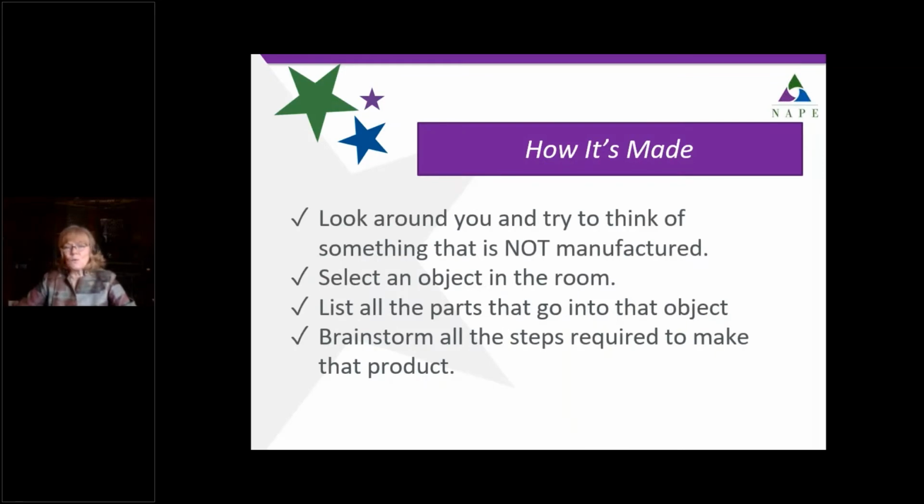So when you first start talking to kids, have them think about looking around and imagining something that is not manufactured. Can you think of something? It's kind of hard to think of something in our environment that is non-manufactured, that is not natural.